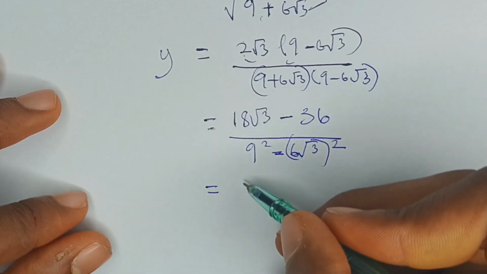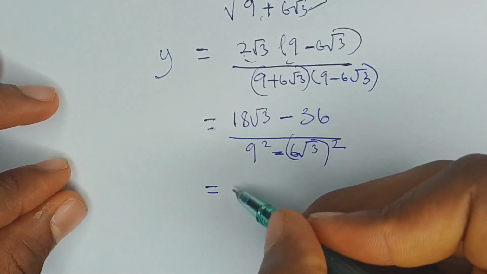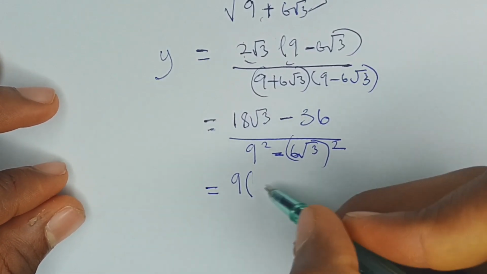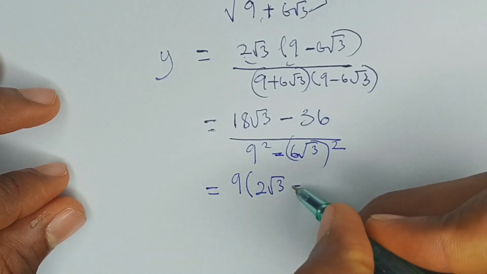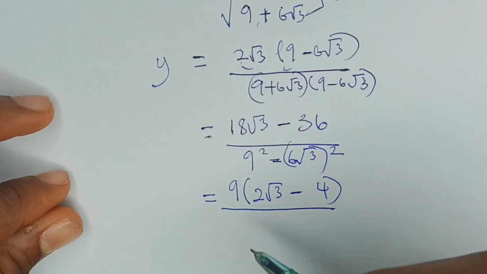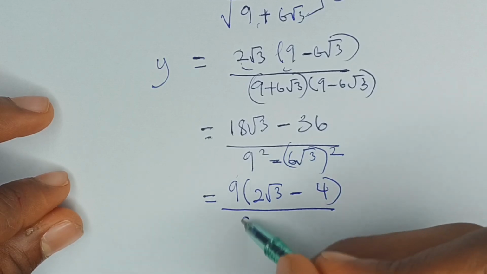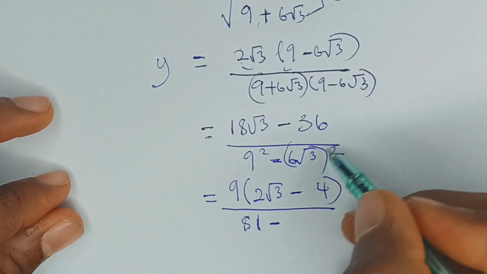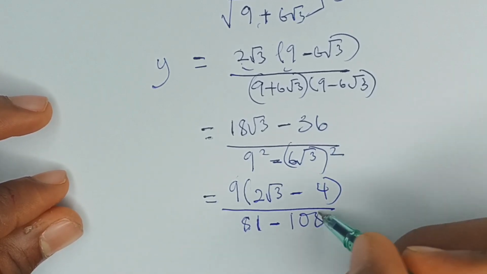Now this becomes equal to, factoring out 9, so we have 9 into 2 root 3 minus 4 all over 9 squared is 81, minus this root 3 squared is 108.